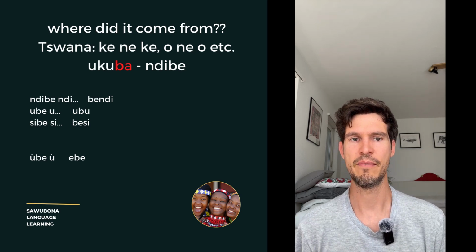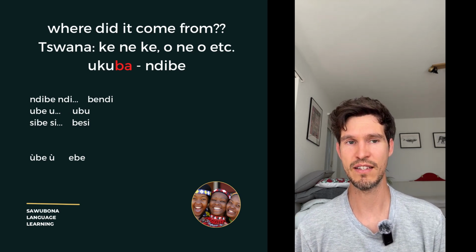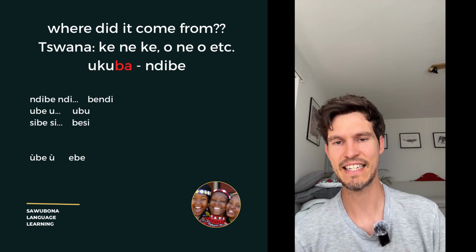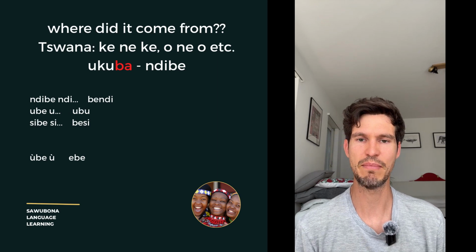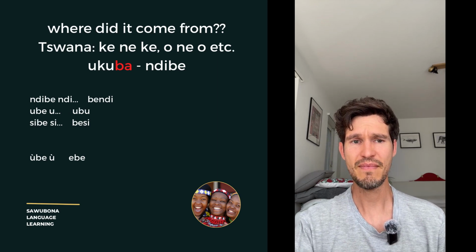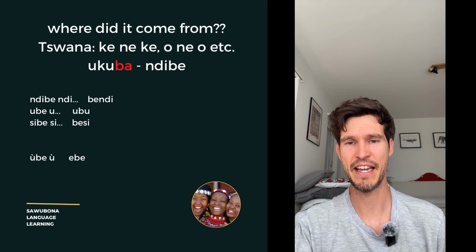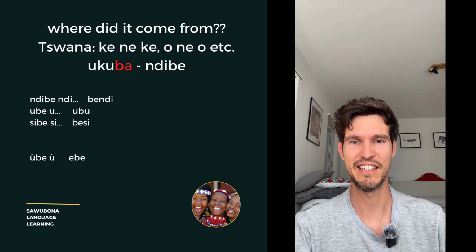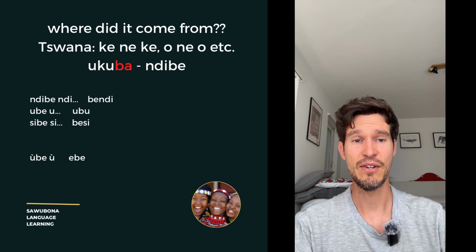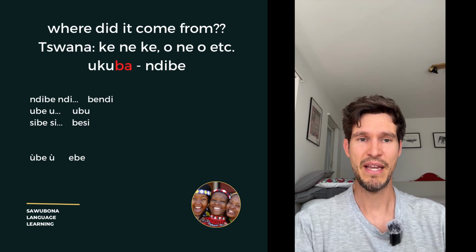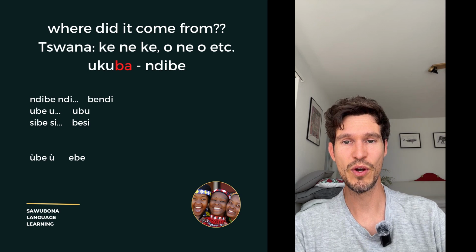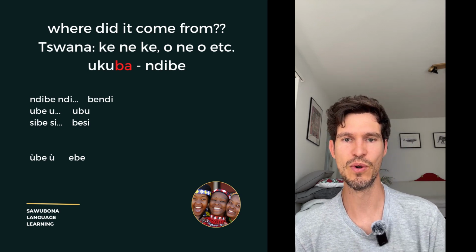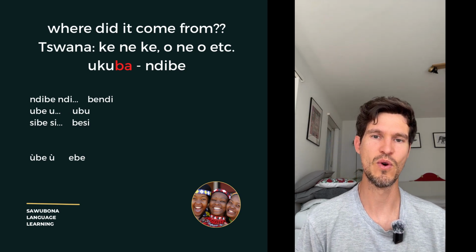So ndibe, "I was," comes from ukuba, to be. Ndibe, ndi, playing chess, or whatever. I was playing chess, I played chess. And this ndibe, ndi became bendi, because it's shorter, and everything tends to get shorter in language evolution. So ndibe, ndi became bendi, and then ube, u, "you were, you," became ubu, just as a shortened form of ube, u.